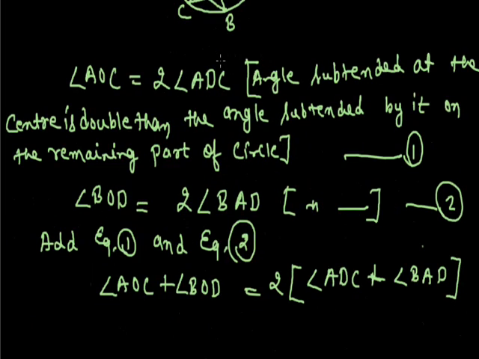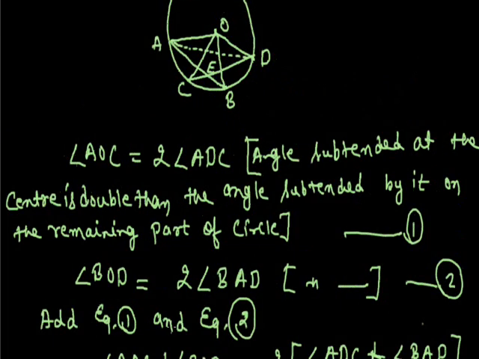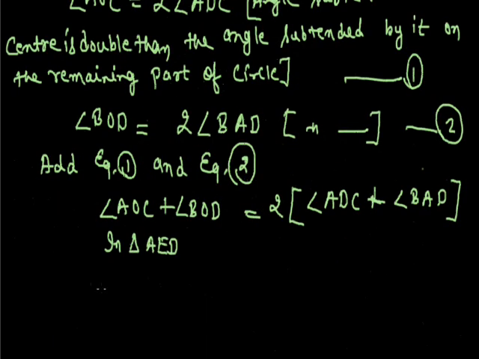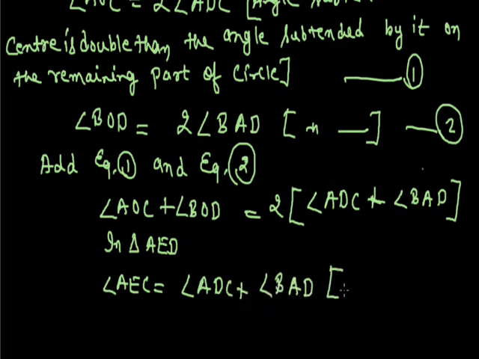Now in triangle AED, angle AEC is equal to angle ADC plus angle BAD by exterior angle property of triangle.